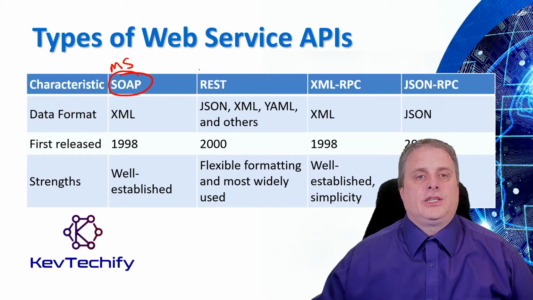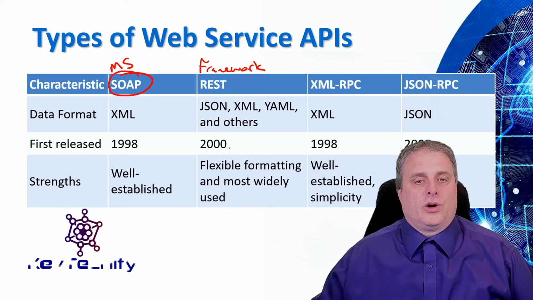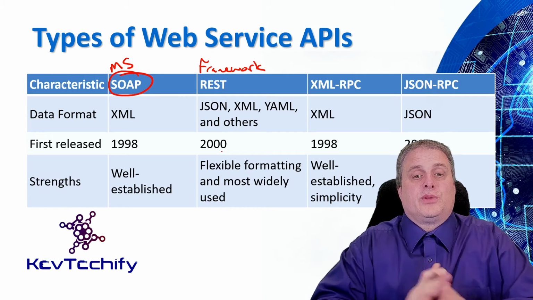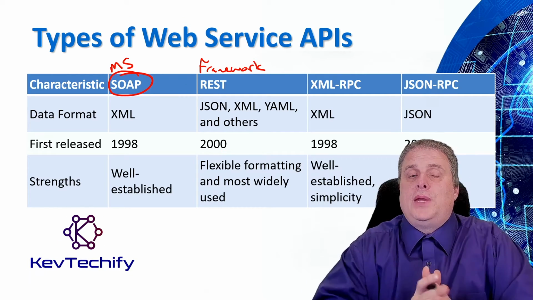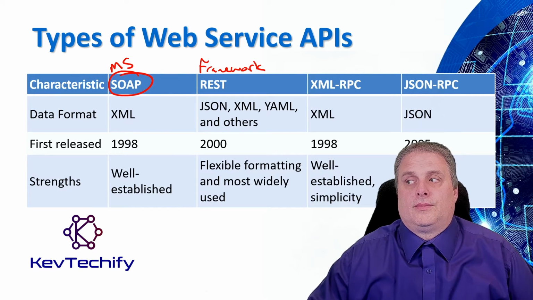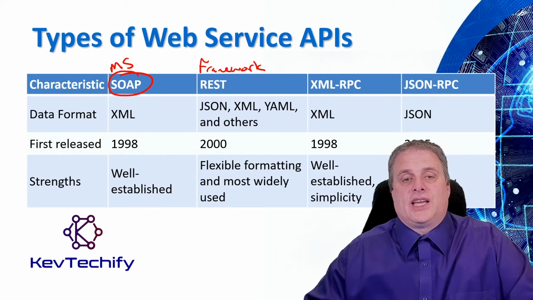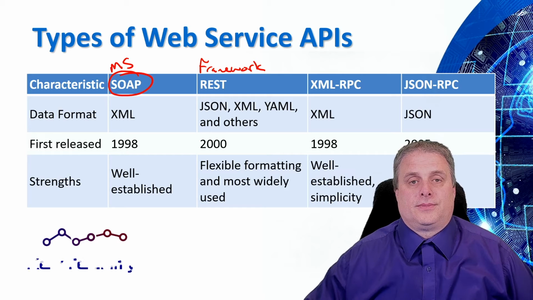REST is a framework, and it is simpler to use than SOAP. It's because of the flexible formatting, and a lot of people do use this REST framework. It uses HTTP, and it also supports JSON and XML.